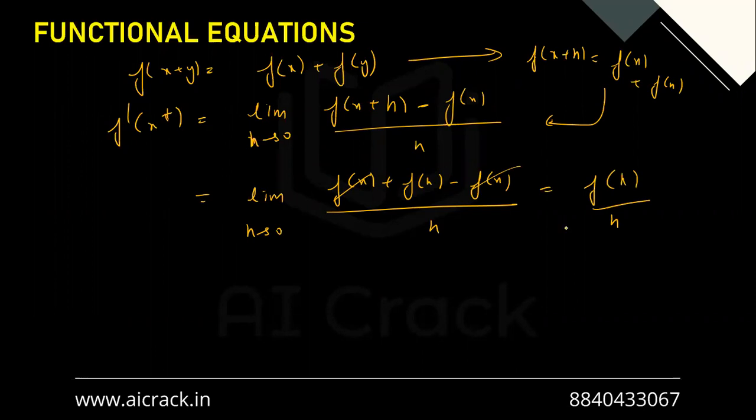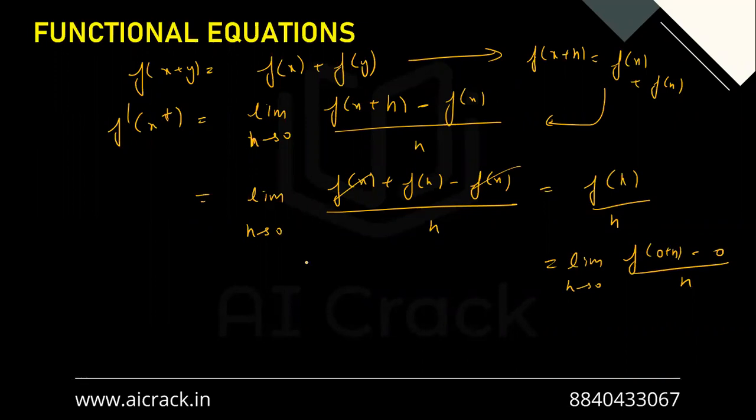Now I'll try to modify this again. That would become limit h approaches 0 of f(0+h) minus 0 divided by h. Why am I doing that? Because I have a feeling that if this 0 becomes f(0), then we'll get a constant number over here. That would become f'(0), a constant number, and after that we can find this derivative.